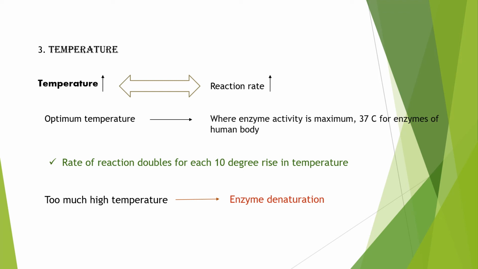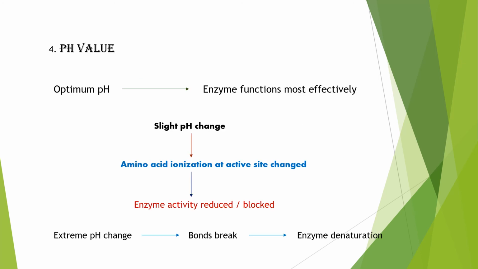But there is a condition that if we increase the temperature too much, this will result in enzyme denaturation. Enzymes will not work properly. The fourth factor is pH value. We have an optimum pH for each of the enzyme. Each enzyme has a specific pH at which it acts most effectively, and this is called its optimum pH.